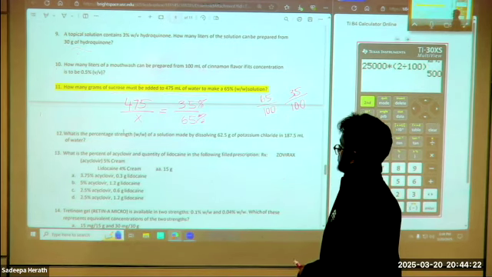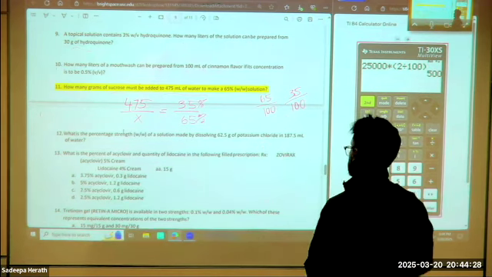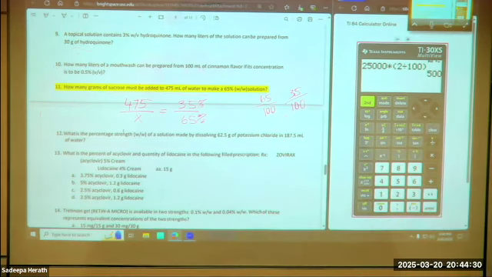So we do our proportions. 35 times X, and then 475 times 65.